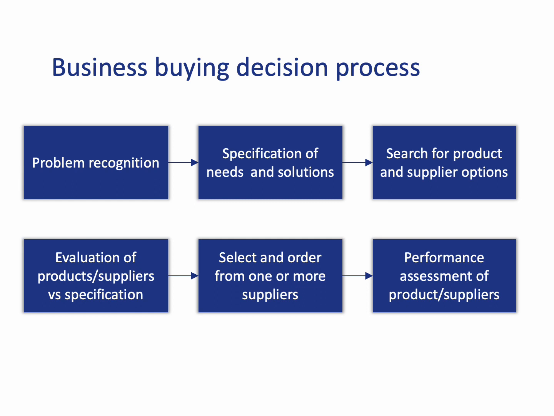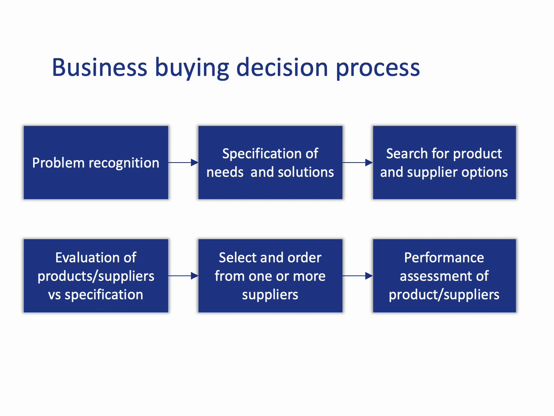Stage 3 or step 3 would be search for product and supplier options. So we do a wide search. Some may engage with value analysis, which is an evaluation of each component of a potential purchase. So you can use particular tools and frameworks in marketing. Some may practice supplier analysis.